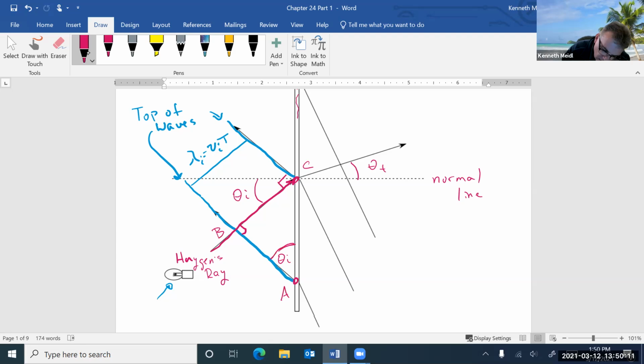This angle that I just drew in is congruent to that one right there. This side right here is this long, in this triangle. So I'm going to look at that triangle right there.